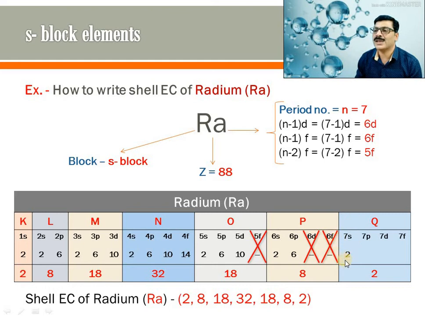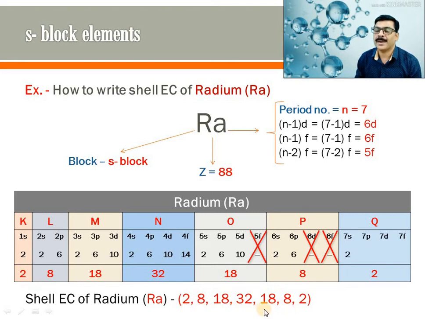So the total number of electrons is 88, and 88 is the atomic number of radium. So the cell electronic configuration of radium is 2, 8, 18, 32, 18, 8 and 2. This is the cell electronic configuration of radium.